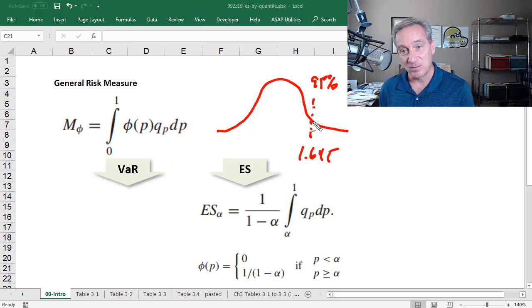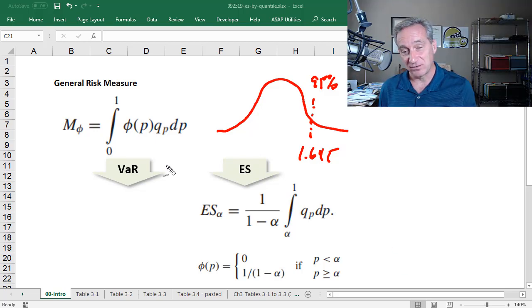And when we hit 95% or greater, when we're in that loss tail, we're going to have this weight here, which is, in this case, 1 divided by 5%, or 20. So the weight is constant, and this is the implementation of expected shortfall as a conditional average. We're taking the weighted average, conditional on being located in the tail, of this loss tail. But each quantile, this is a constant, each quantile is getting equal weight.